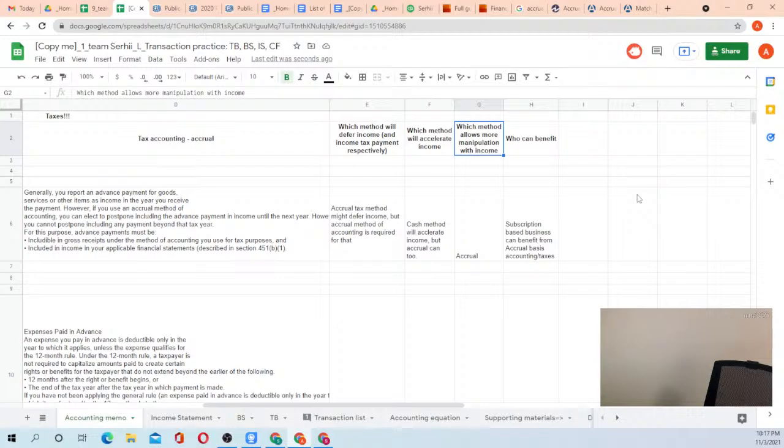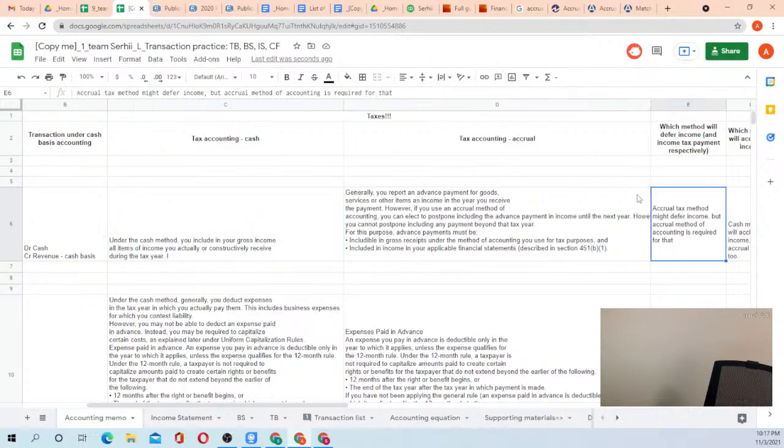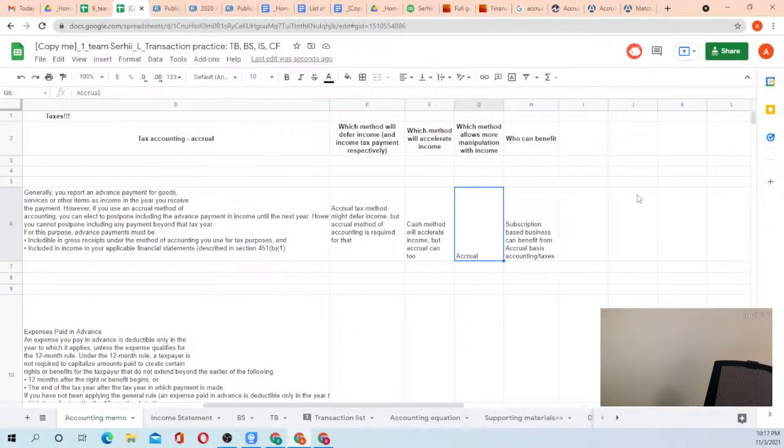So we can recognize the income early under accrual method, and we also can recognize the income later under accrual method. While in the cash method, we only recognize income in one situation, when we get cash. So with accrual method, we have more room for manipulation. And it's all legal.